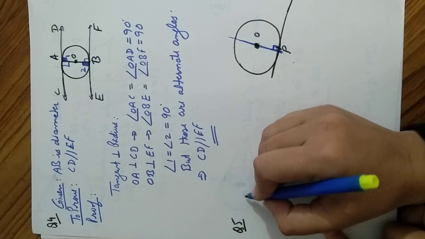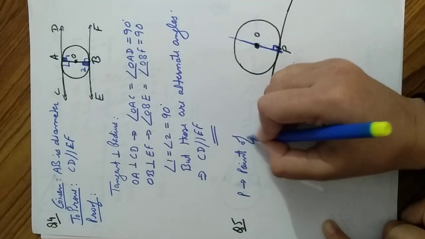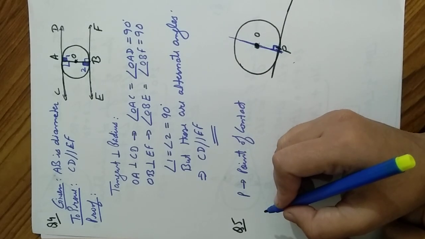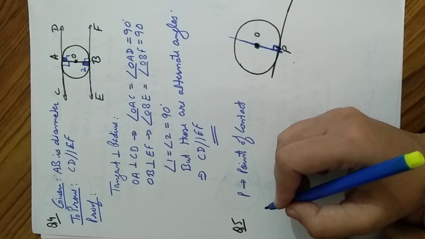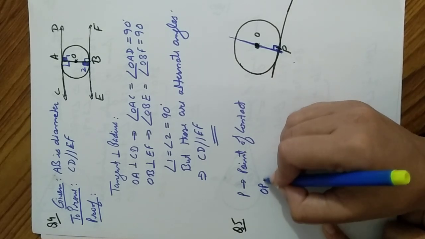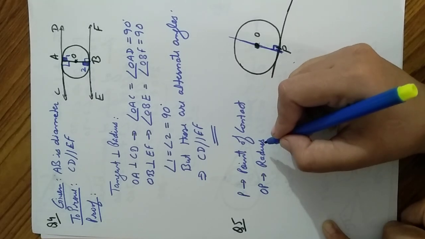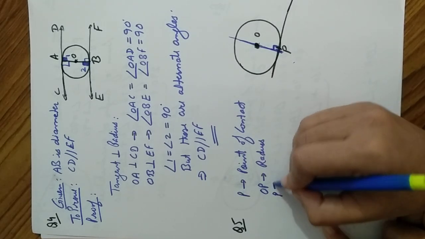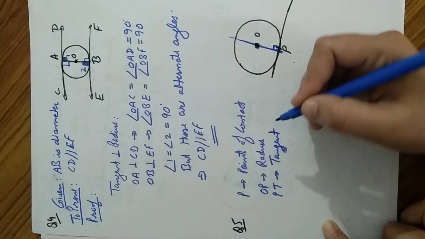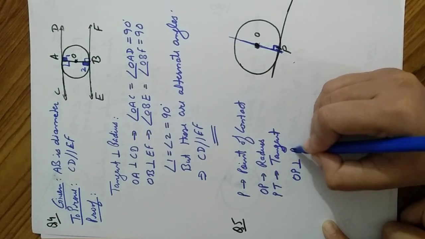Let P be the point of contact to the tangent. Now we know that OP is the radius of the circle, and PT is the tangent at point P, and also we know that OP is always perpendicular to PT.